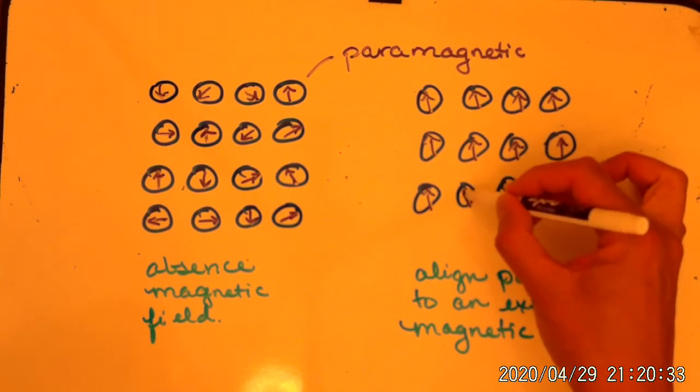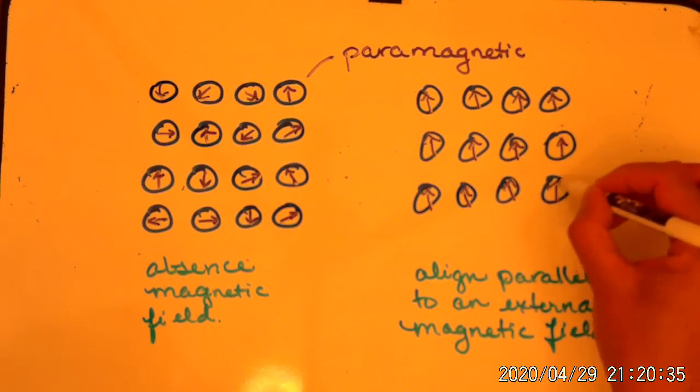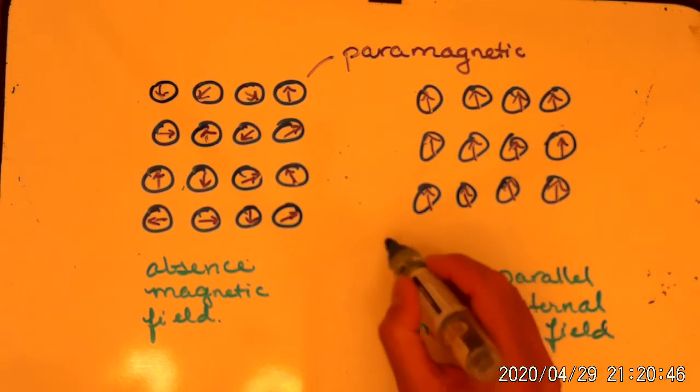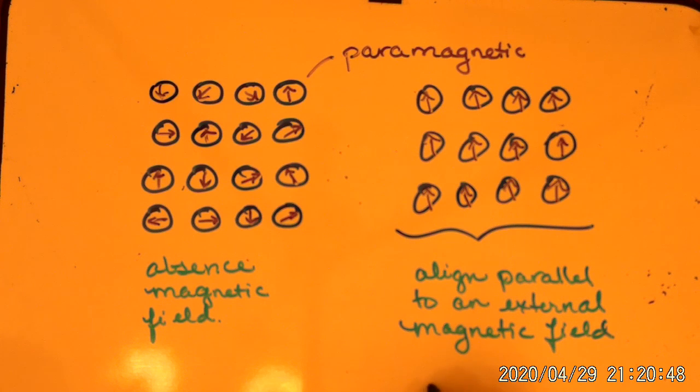Kind of like a compass, right? We've got Earth's magnetic field, and our compass lines up to that. So they're all lined up parallel to this. Then this substance is called ferromagnetic. They all line up in the same orientation.